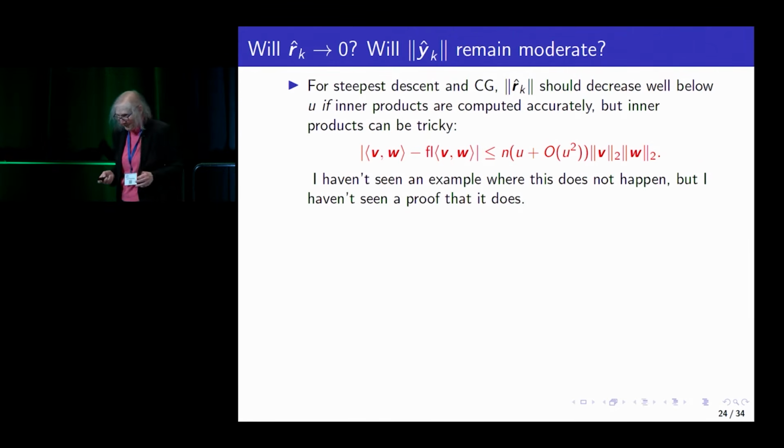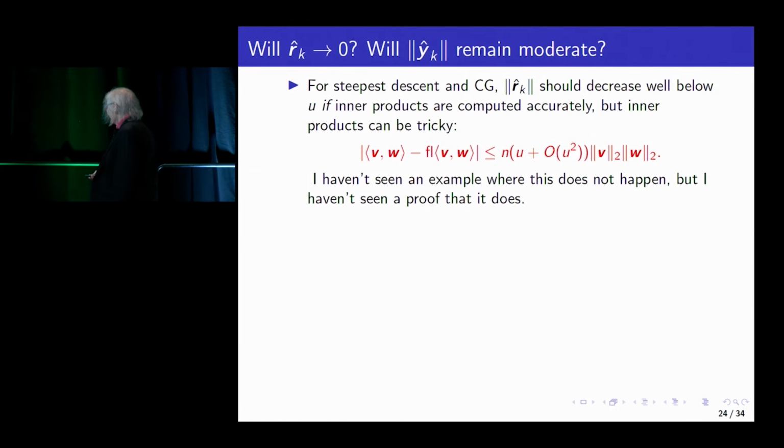Well, do these things happen? Okay. So for steepest descent and CG, the norm of r_k hat should decrease well below u if the inner products are computed accurately. You choose that coefficient, a_{k-1}, by computing an inner product in order to minimize this updated residual in some direction.